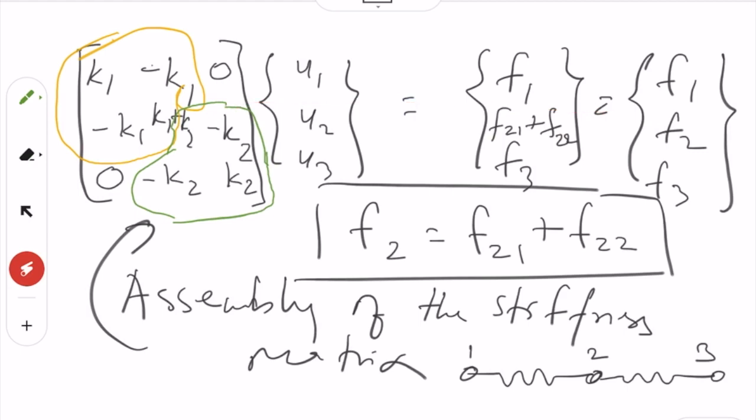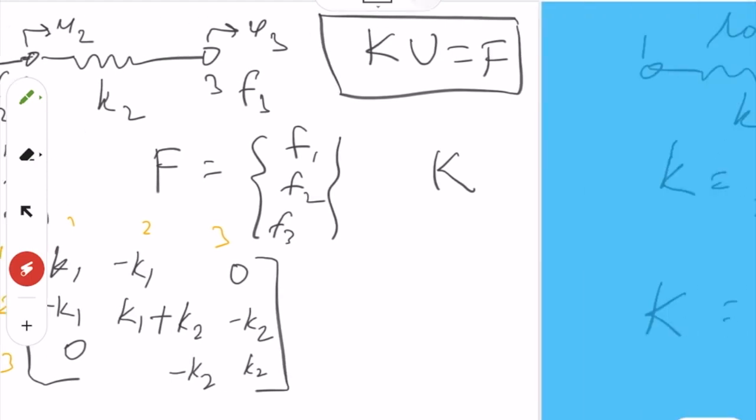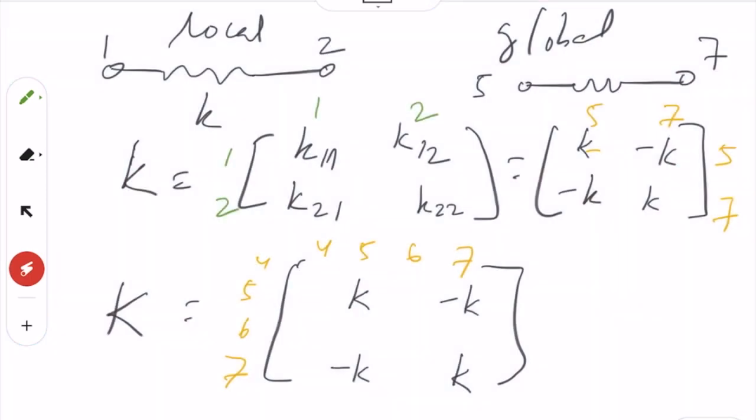But no need to do this. If we know the stiffness matrix for one of them, then we can directly assemble like this. So that's what we have done here. This was the method you will follow, from local to global.